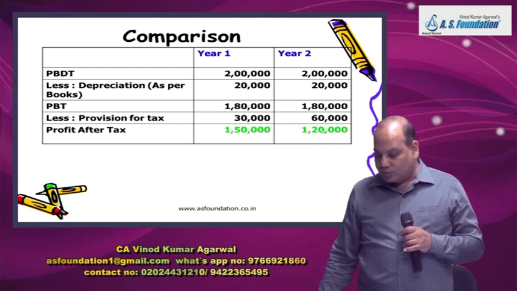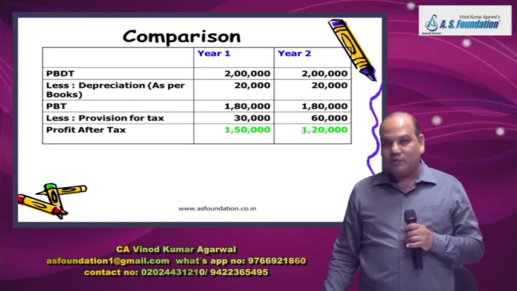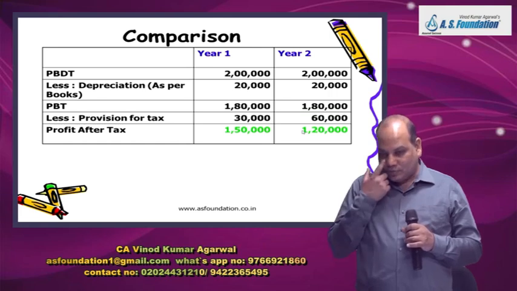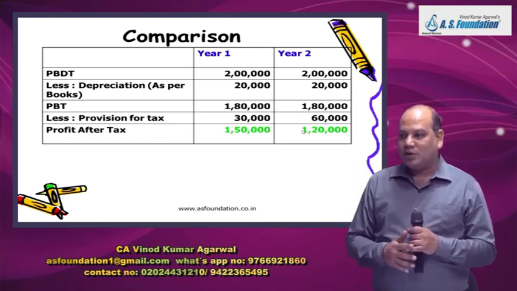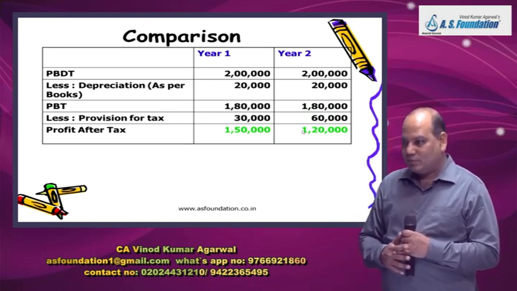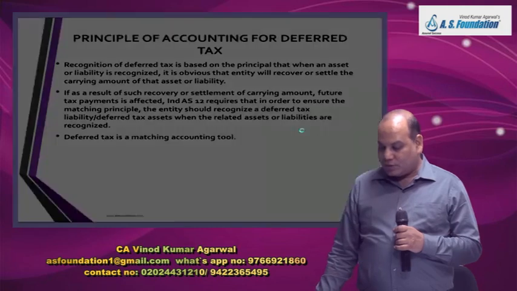So this will cause panic in the shareholder community. Oh, the company's profit has decreased by 20%. The newspaper headline will say on the front page, this company's profit declines by 20% for the current fiscal. Share prices will crash.